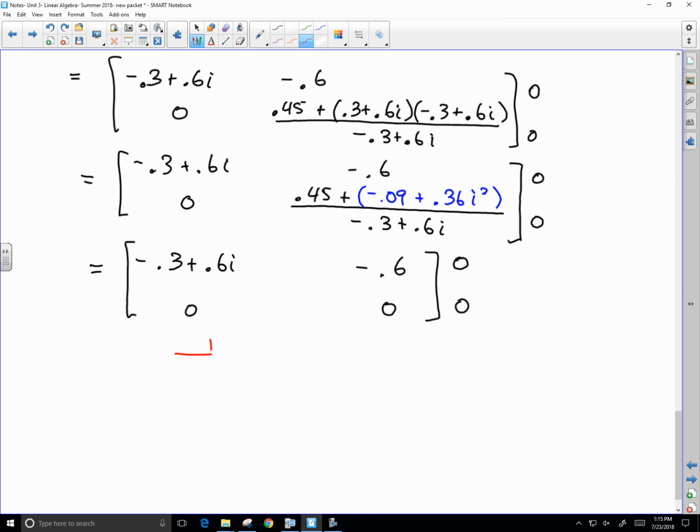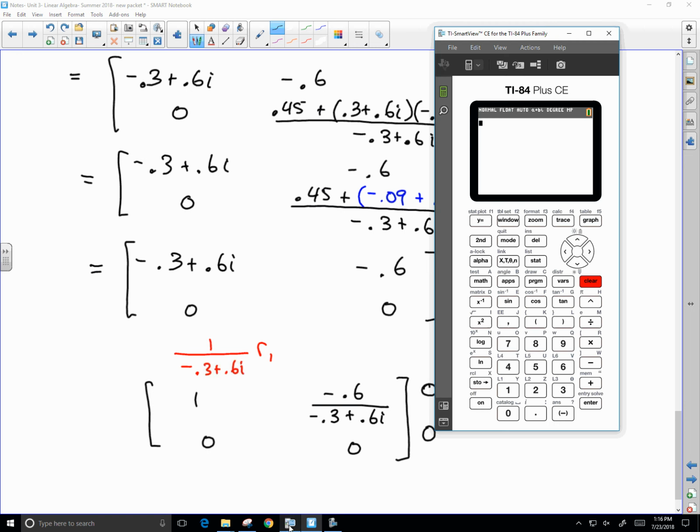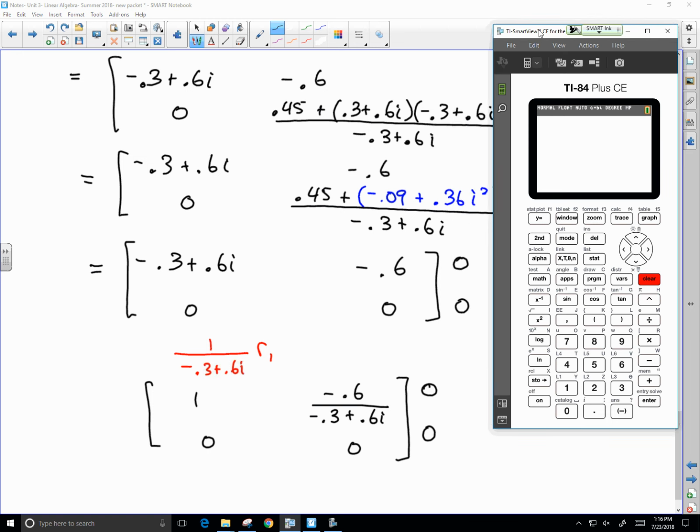So 1 over that, multiplied by R1. So 1, and then we'll have negative 0.6 over negative 0.3 plus 0.6i. Now that you should actually be able to do on the calculator if you want. I mean, you don't have to ever.